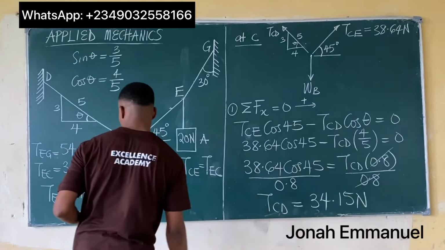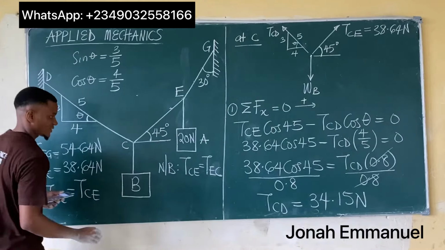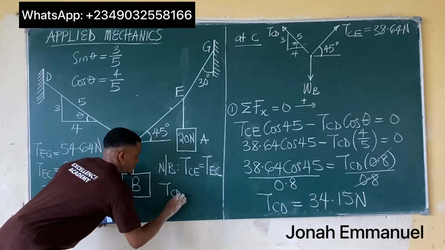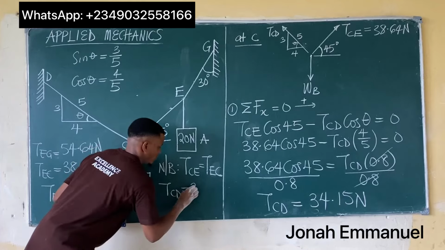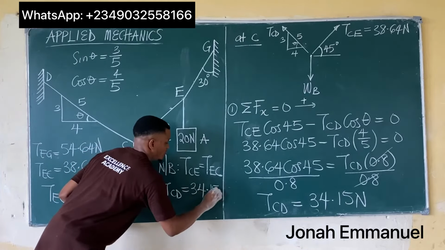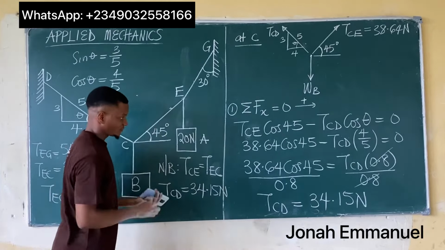Alright, so of course we've got another one there. TCD is equal to 34.15 Newton.